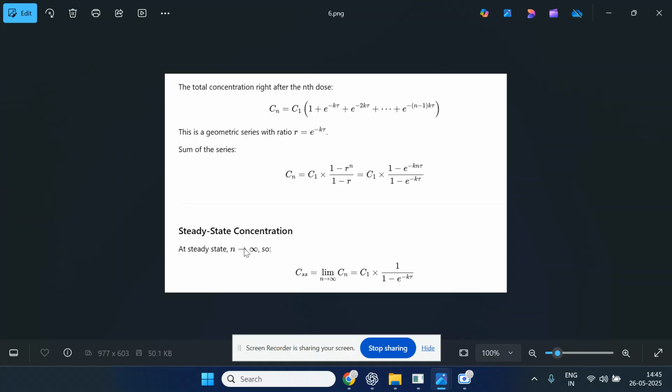If we make n tend to infinity, this Cn will become C1 into 1 by 1 minus e to the power minus kT, and this becomes the infinite geometric series sum.